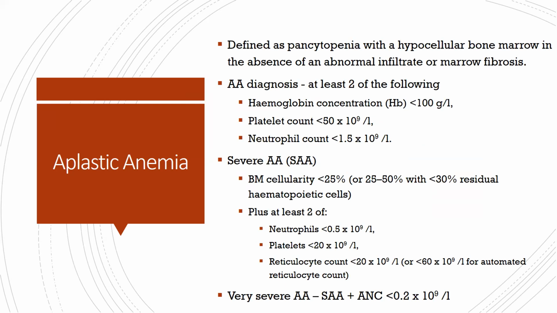The first is aplastic anemia diagnosis: at least 2 of the following: HB less than 10, platelet less than 50, or neutrophil count less than 1.5. Severe aplastic anemia is when it has a bone marrow cellularity of less than 25%, plus at least 2 of the following: neutrophil less than 0.5, platelet less than 20, or reticulocyte less than 20. And very severe aplastic anemia is severe aplastic anemia plus an absolute neutrophil count less than 0.2.